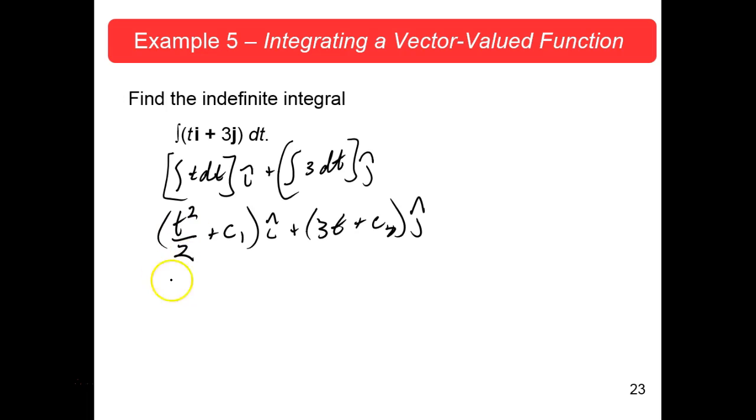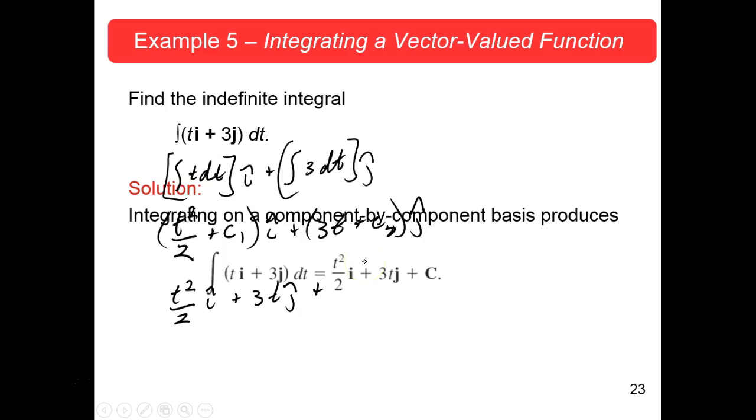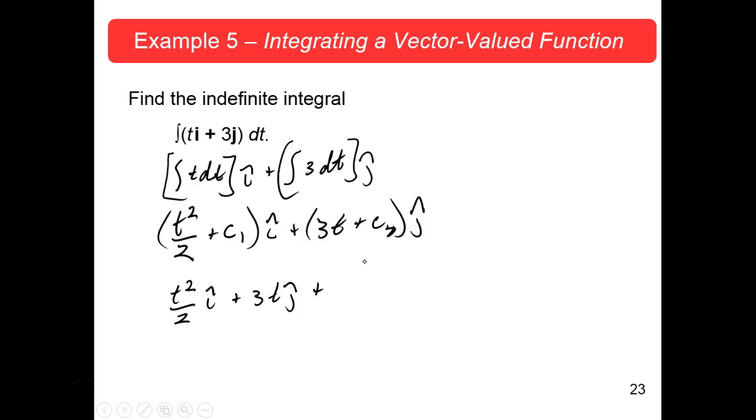Now if you wanted to write that a little differently, you could write t squared over 2 i plus 3t j plus, and here you have a choice.